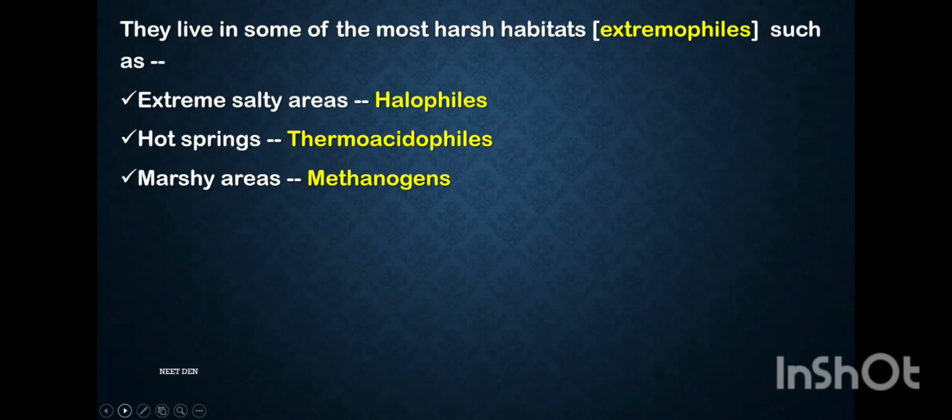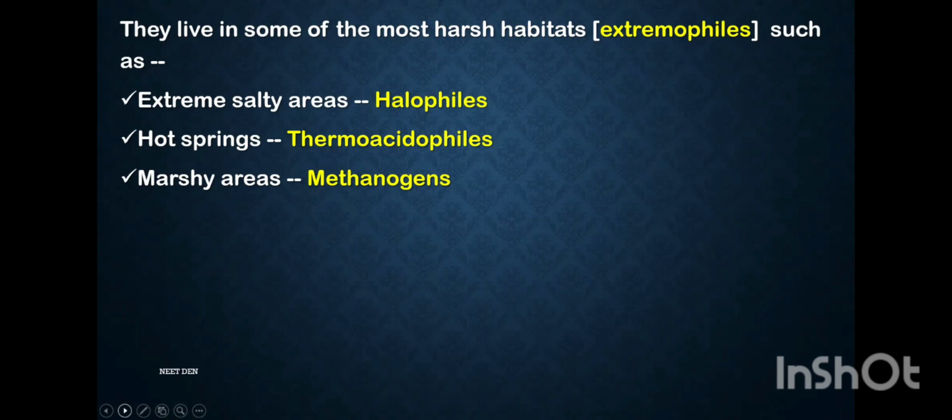Then some bacteria live in hot springs. There are so many hot springs present. There are some hot springs in the world whose water is also acidic, like in Yellowstone National Park in the US. The bacteria which live there are called thermoacidophiles. Then some bacteria live in marshy areas.